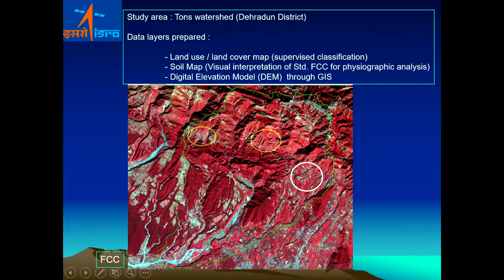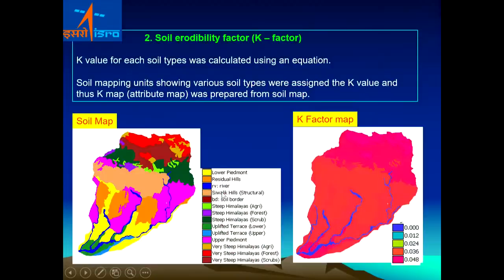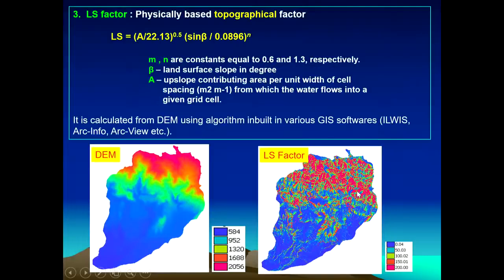I am showing you one example, one watershed in the Dehradun region. This is the forest and this is the cropland, whitish you are seeing. In this area we prepared the soil map, and the soil map was used to derive the soil erodibility map, the K factor map. We have taken the digital elevation model, and using these equations we have developed the LS factor map.